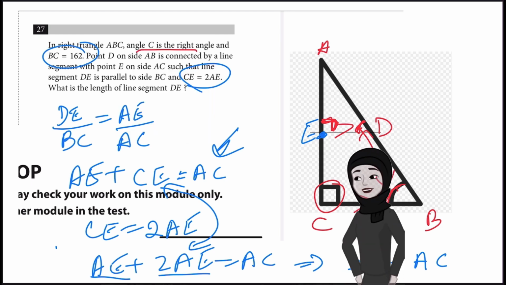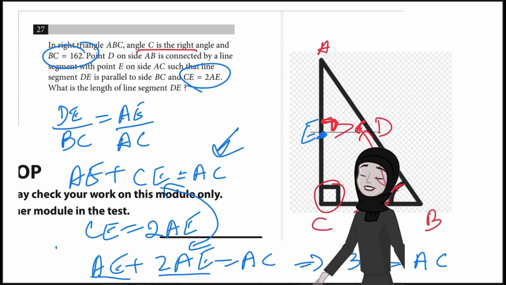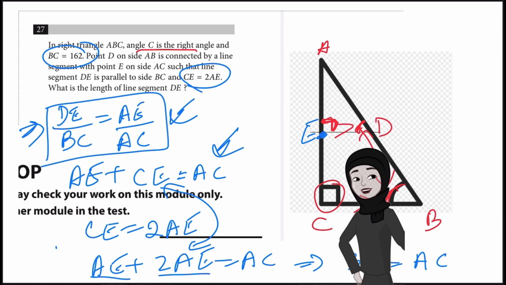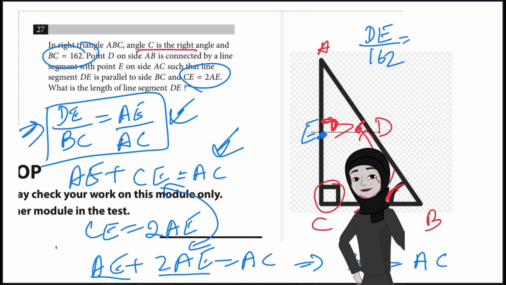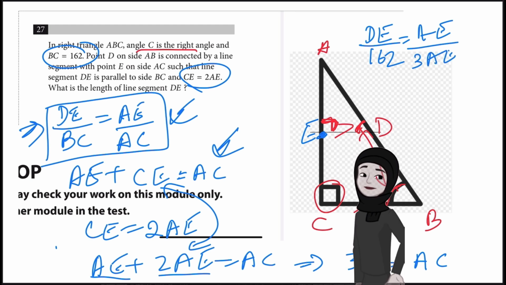It's also given that BC is equal to 162. So substituting 162 for BC and 3AE for AC, we'll put those values in this proportionality equation. So we will have DE divided by 162 is equal to AE divided by 3AE.